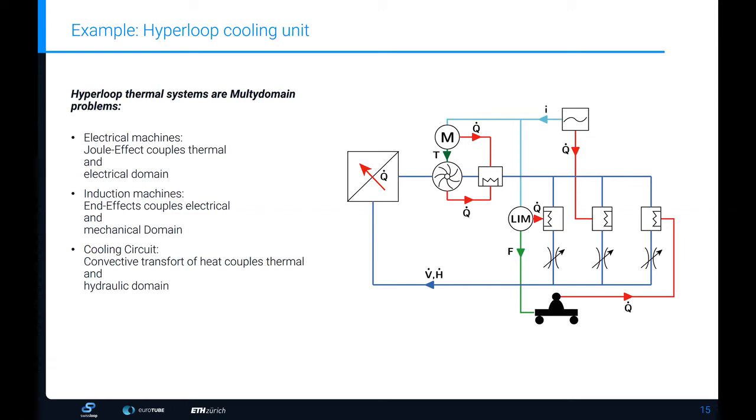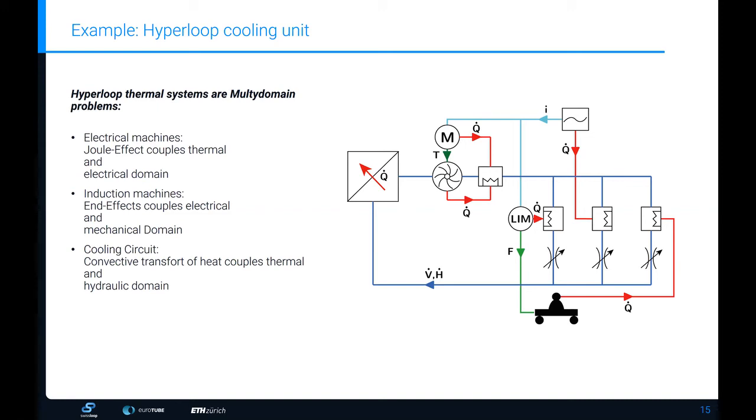So when they conduct electrons, they will be heated up, and the conductance of a hot material is lower than of a cold one. So you couple the thermal domain with the electrical domain with this Joule effect, and therefore to analyze the thermal domain, you have to analyze also the electrical one, and vice versa. So it's a coupled problem.